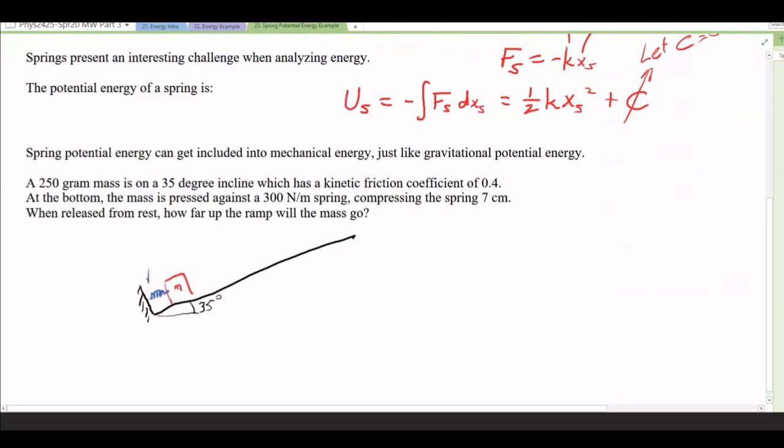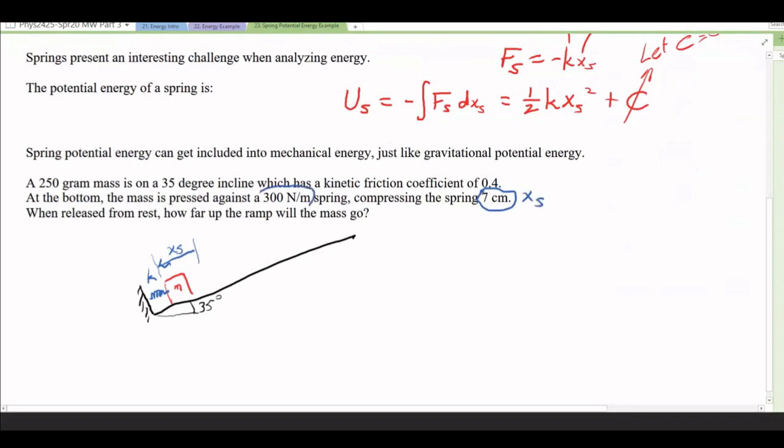So there's my spring labeled with K. And the spring has a natural length. So when you put the spring against the wall and don't put anything there, the spring is going to have a certain length. So we're compressing the spring by 7 centimeters. That's this x sub s.